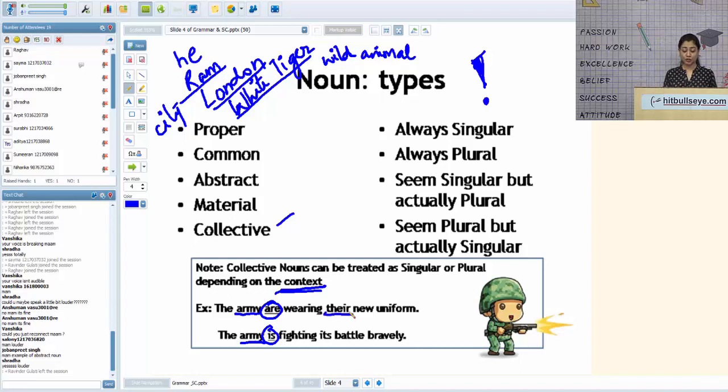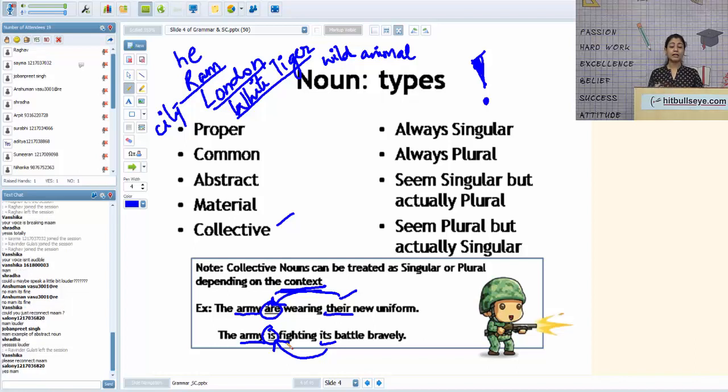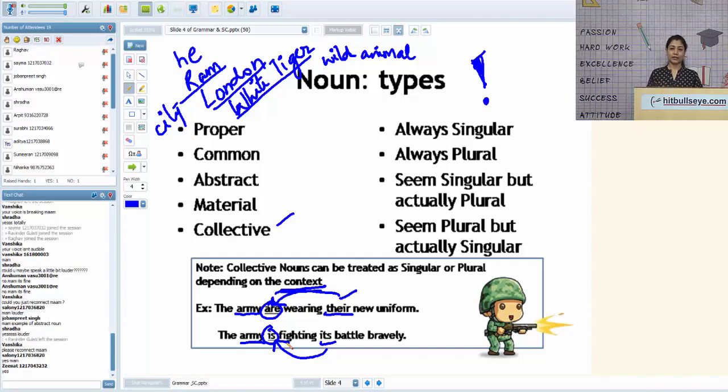Why have we changed it? There the army is plural, so that's why we've used are, and here it is singular, so because of that being singular, we have used is. I hope the concept is clear to everybody. I am reiterating, collective noun can be used either as singular or as plural depending on the context. We will be practicing further on in the slides a couple of questions on the same concept.